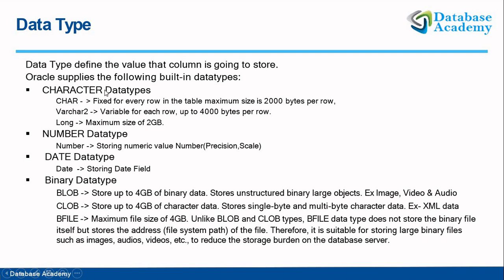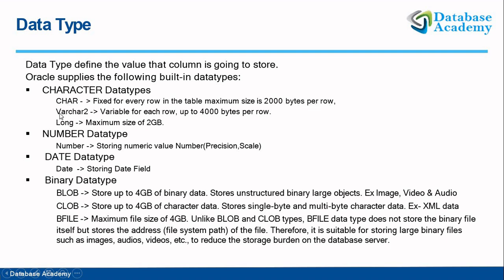So the very first is the character data type, where we have the CHAR data type, the VARCHAR2 data type, and the LONG data type. All three are related to character data types only. CHAR has a fixed length for every row in a table, with a maximum size of 2000 bytes per row.